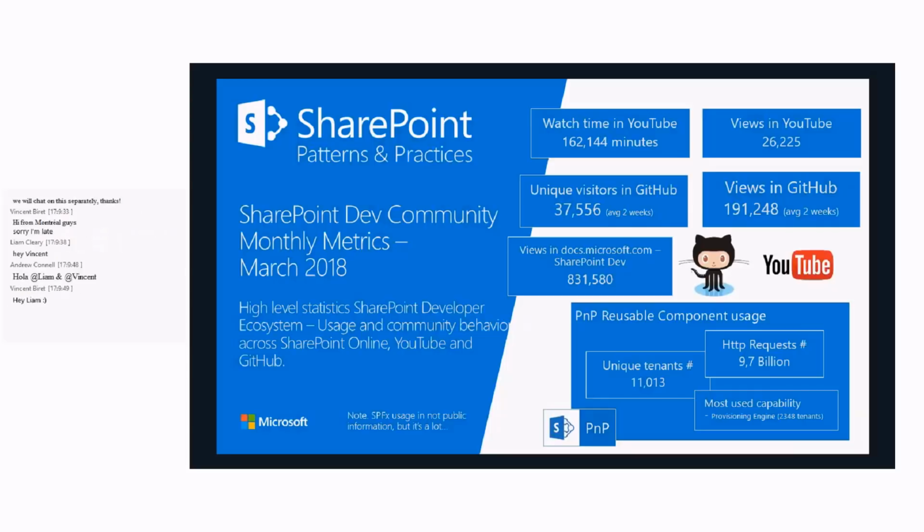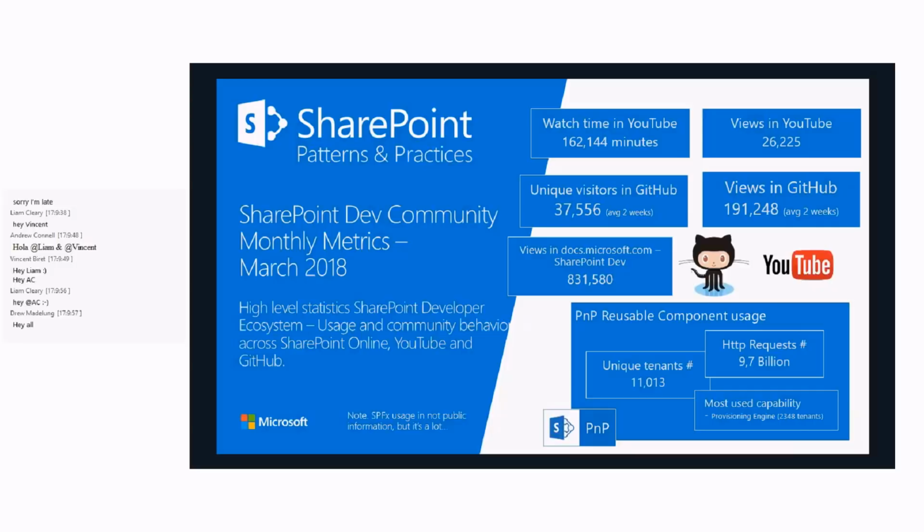So people are finding the samples we have on GitHub in the SharePoint organization, because that's really the whole point. You as a community member can contribute those samples. We facilitate and keep them in the repos, and then other people can actually find the samples on GitHub as well. On docs.microsoft.com, we had 831,000 views.